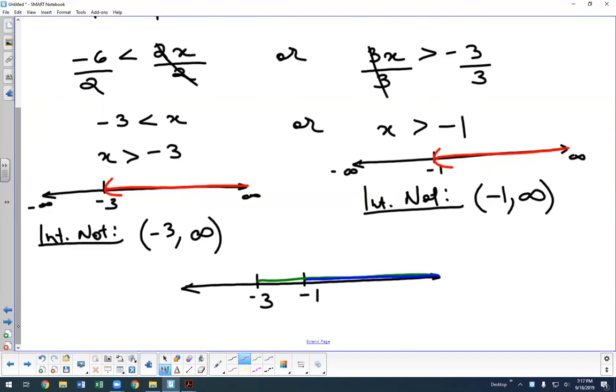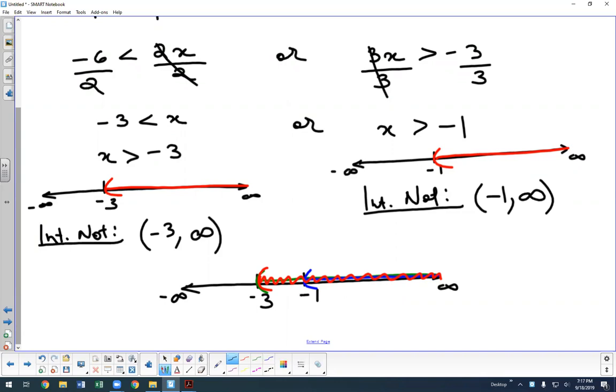And then of course we had parentheses on both of them. Since we're starting with everything that's not common, you will actually start from here, go all the way to infinity. And of course, we're still not including 3.